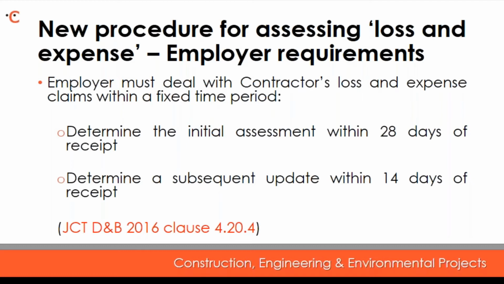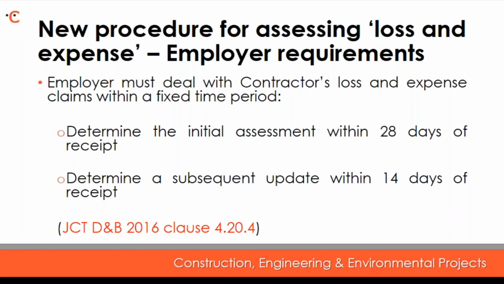The 2016 edition has also introduced new deadlines by which the employer must deal with the contractor's loss and expense claims. The employer must now assess claims for loss and expense within 28 days of receipt of the contractor's initial assessment of its entitlement, and within 14 days from any subsequent update to the assessment.